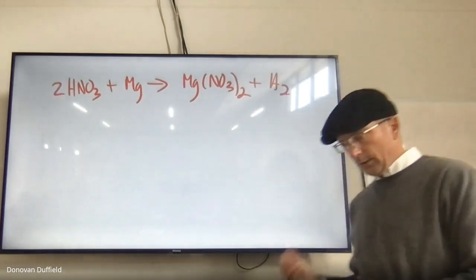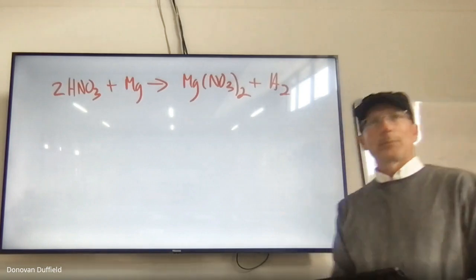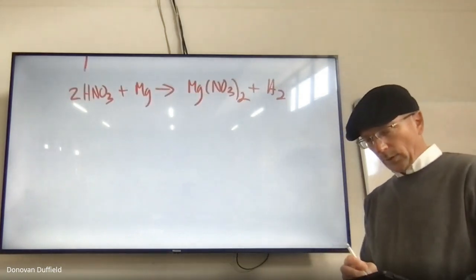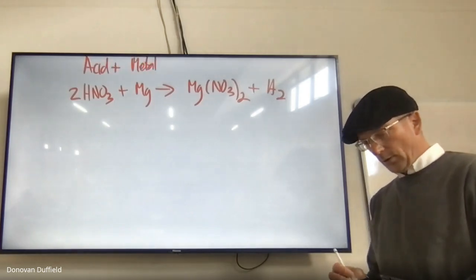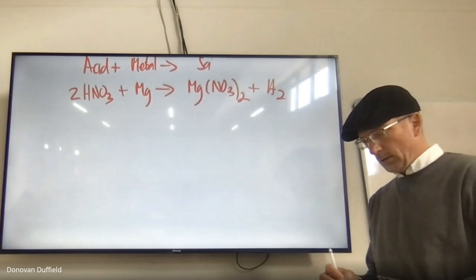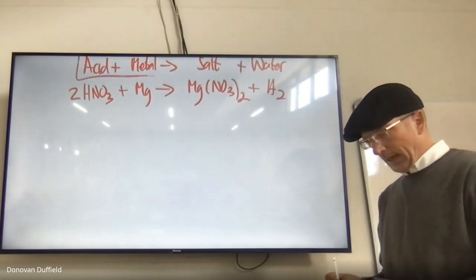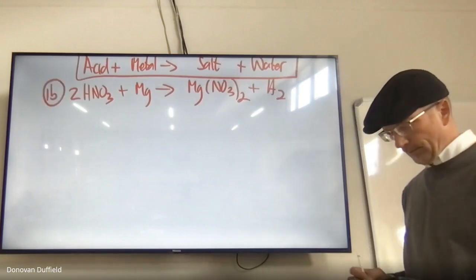You need 2 of those. Bang, done. Are you happy with that? You're going to mark it. So what are we working with here? We're working here with an acid plus a metal, which is not copper, produces a salt plus hydrogen. That is the template. I think this was 1B.